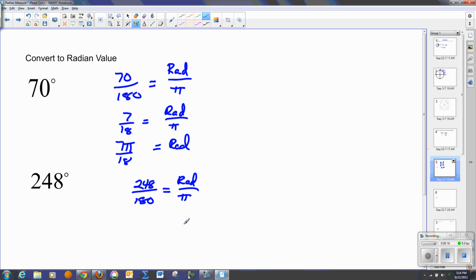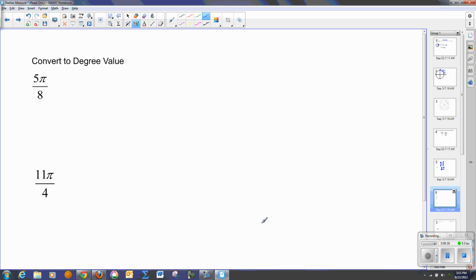And simplifying this just basically results in reducing this fraction. And in reducing that, I get 62 pi over 45 is my radian value.